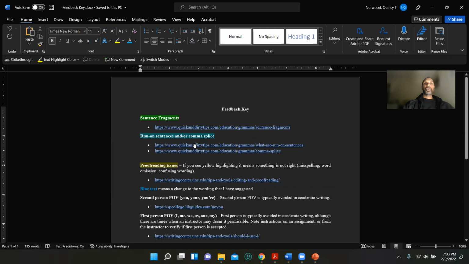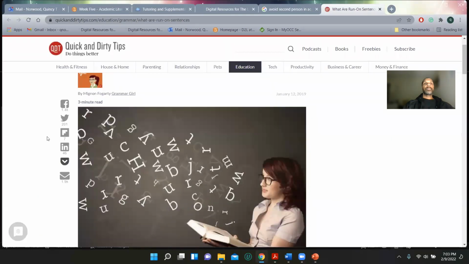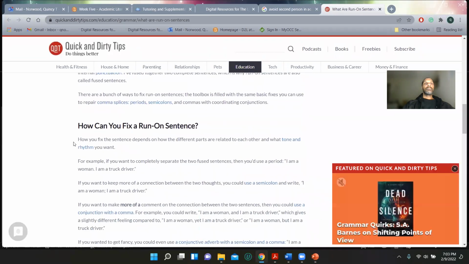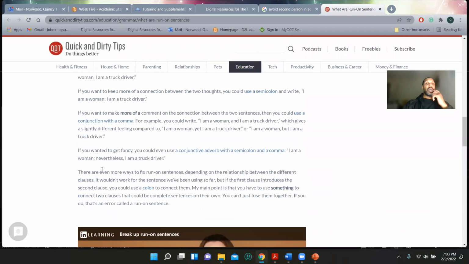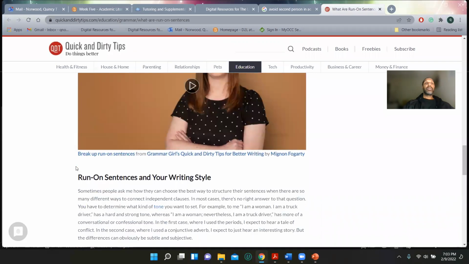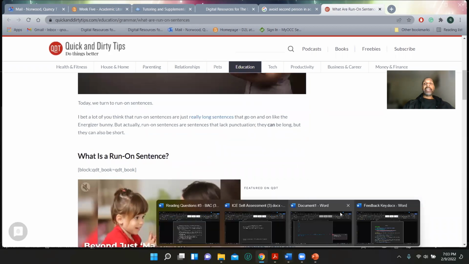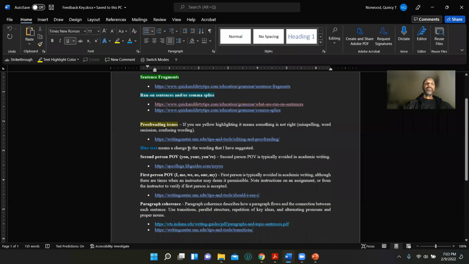If you hold down Control and click on that, it'll give you a quick rundown. Bam. It gives you some fixes for run-ons as well. And then there's also one about comma splices. So that's from the feedback key, and there are these two links right here.